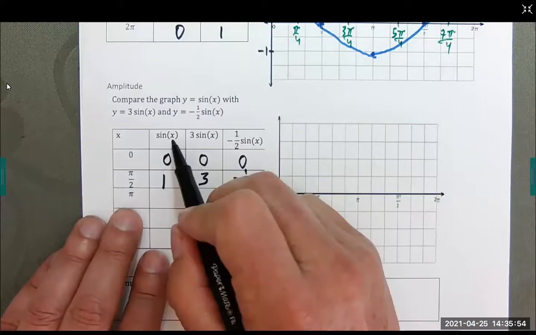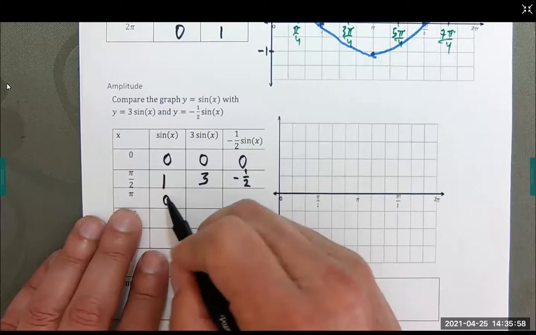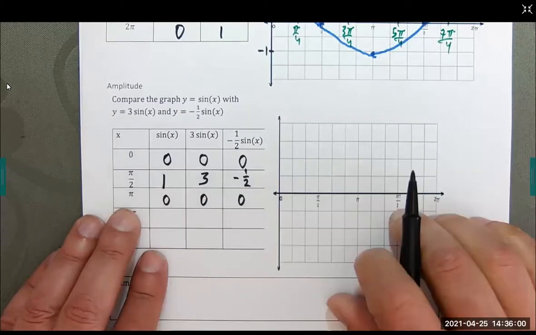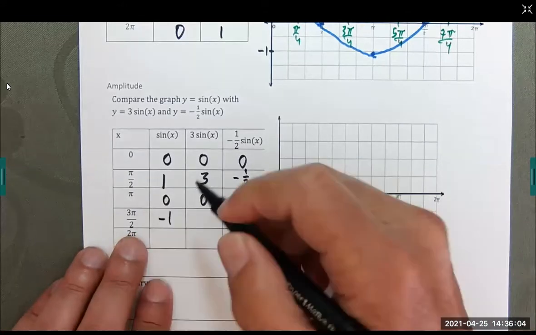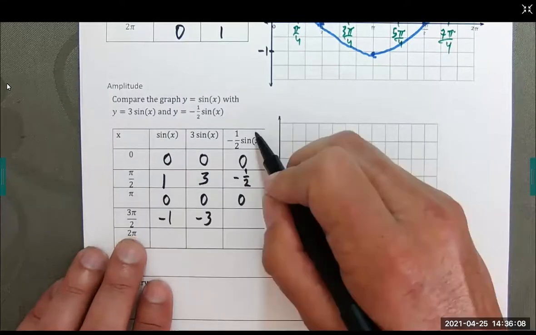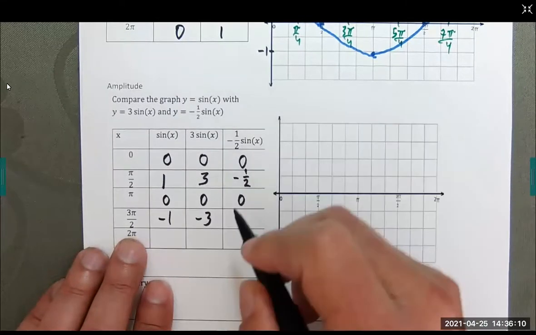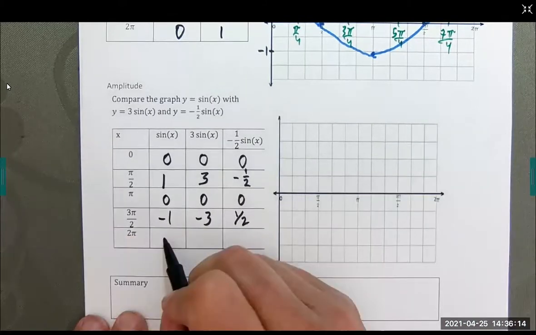Sine of pi is 0, 0, 0 for these. Sine of 3 pi over 2 is -1, but -1 times 3 is going to be -3. And -1 times -1/2 is a positive 1/2. Then at 2 pi, we're back down to 0, 0, 0 again.